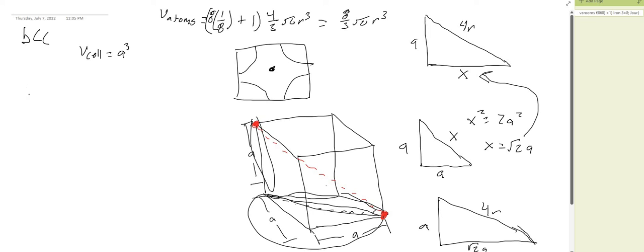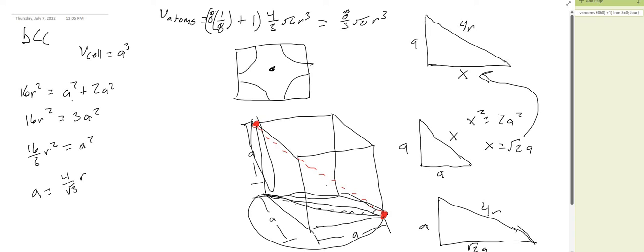We're going to get that 16r squared equals a squared plus 2a squared. So 16r squared equals 3a squared. And we're going to get that 16 thirds r squared equals a squared. And then finally a equals 4 over the square root of 3 r.